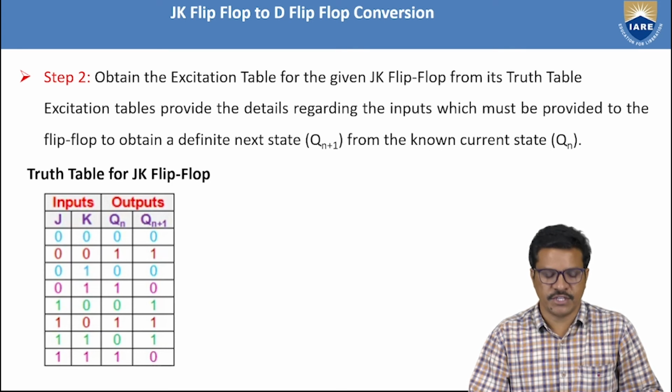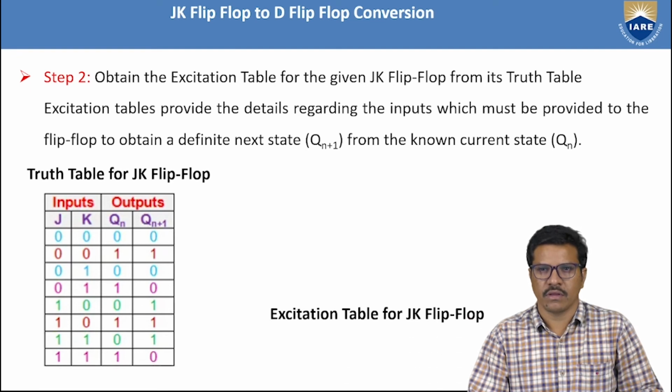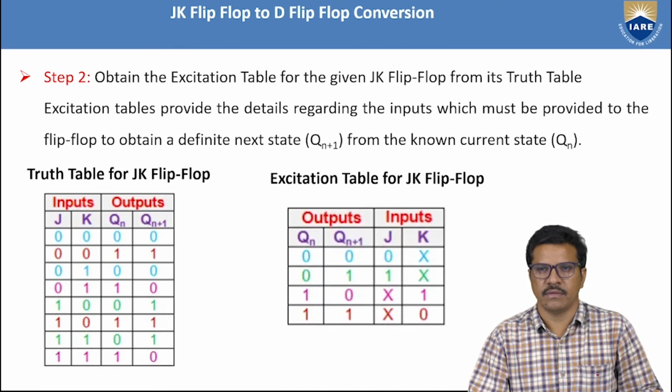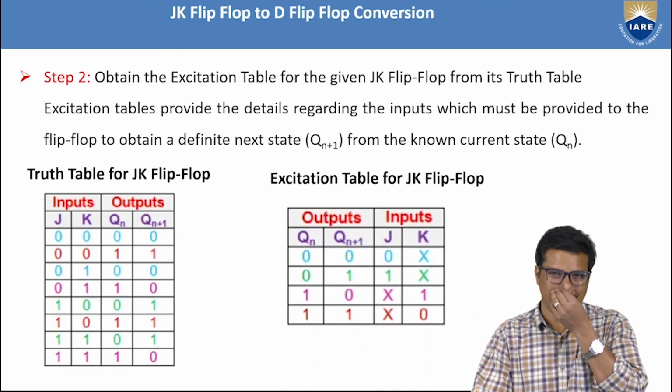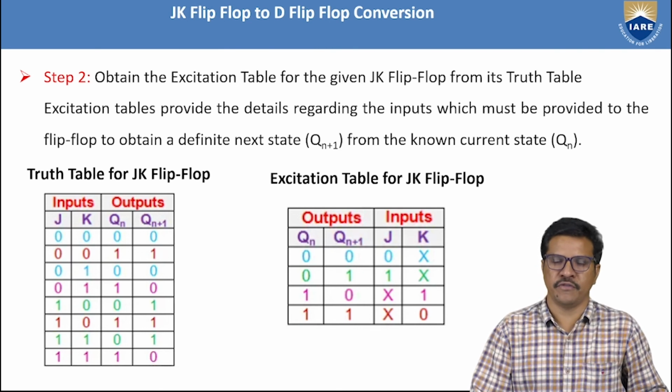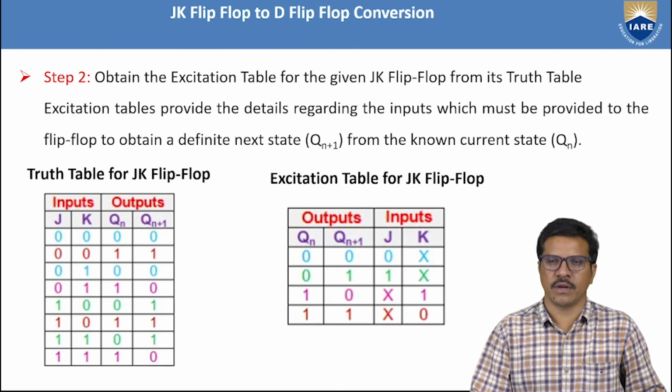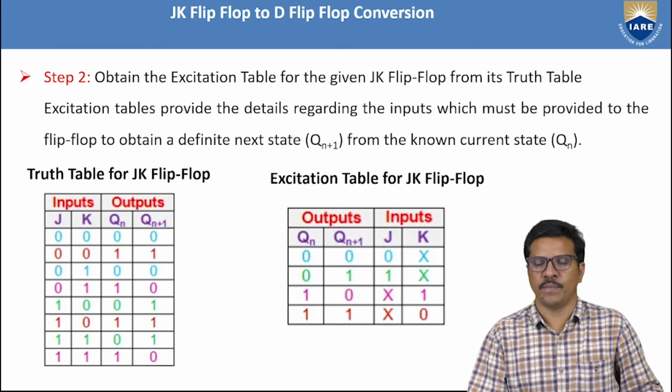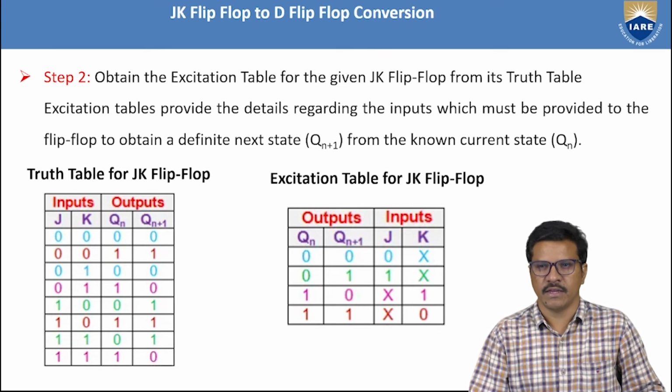The truth table for the JK flip-flop, and the excitation table, output versus inputs: if you know the present state Qn and Qn plus 1, what would be the combination of J and K? 0x, 1x, x1, x0 for the JK flip-flop.